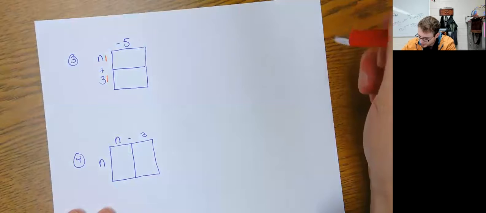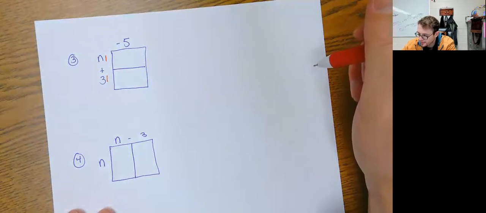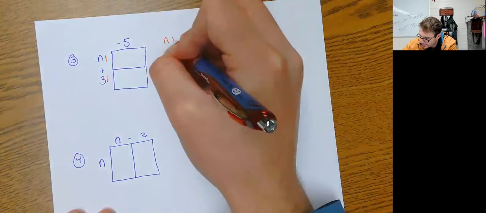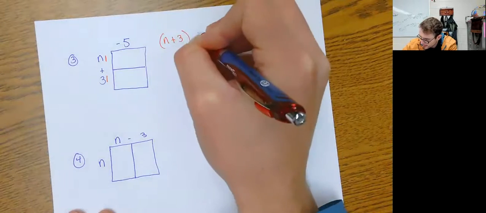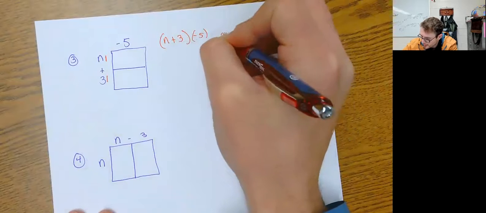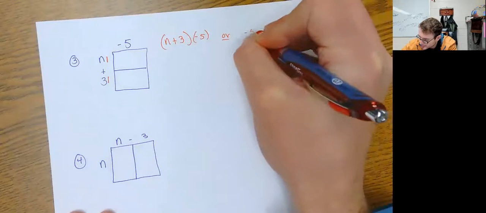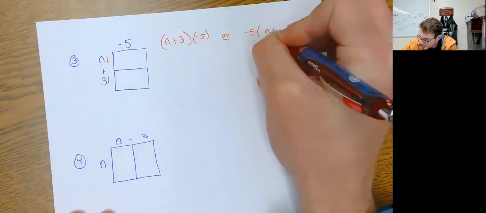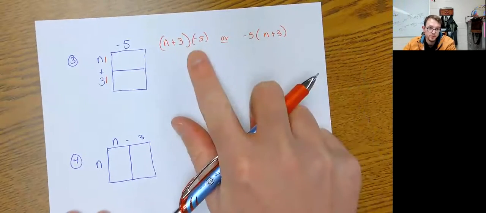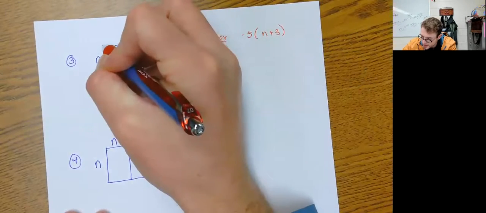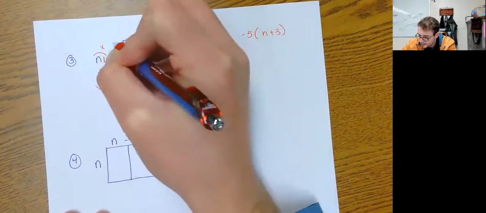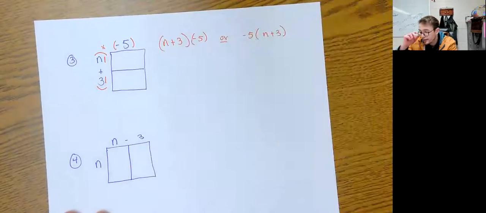So when writing out this expression, does it make more sense to do n plus 3 times -5, or does it make more sense to just do -5 times n plus 3? I feel like this one makes more sense than that one. Now remember, this is a multiplication table, so we're multiplying this whole thing times this whole thing.